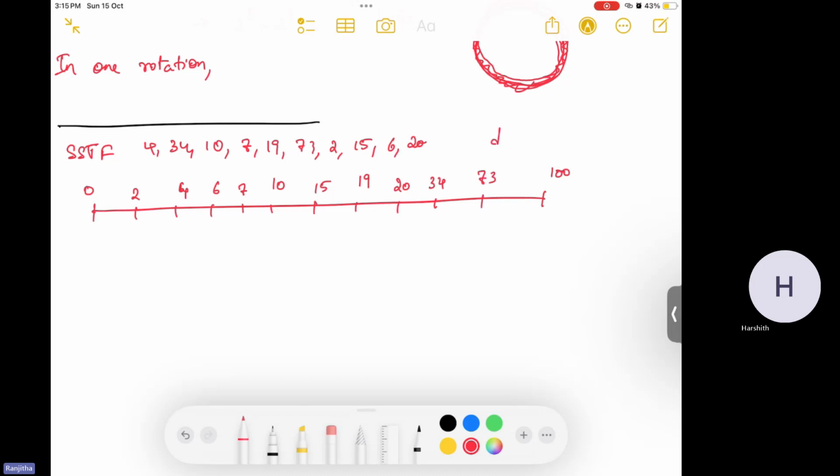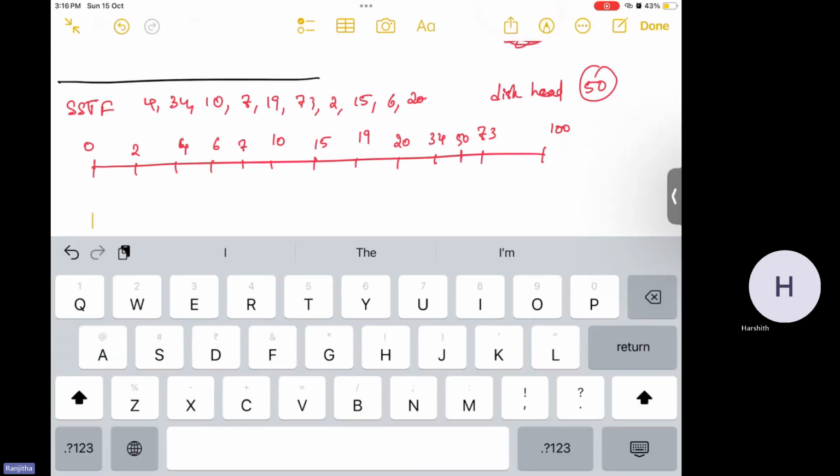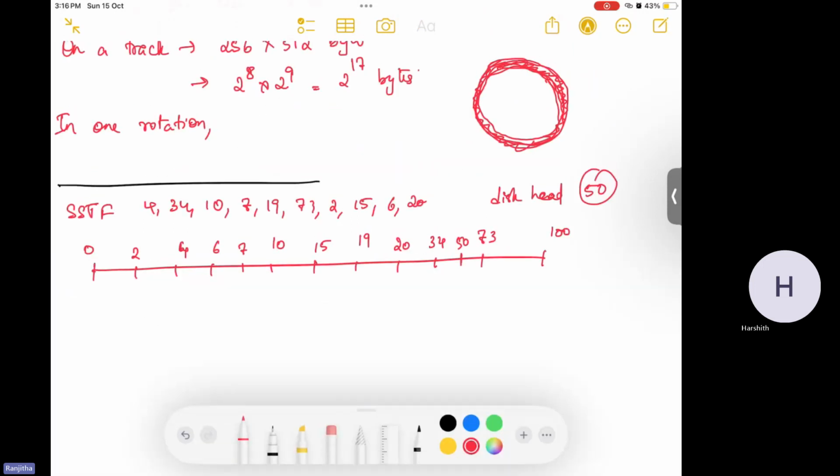So the disk head is at 50. So from 50, if I have to go to 34, it will take me 16 movements. Whereas if I have to go to 73, it will take me 23 movements. So to here I have 16, and to here I have 23. So the shortest one is 16. So from 50, it moves to 34.